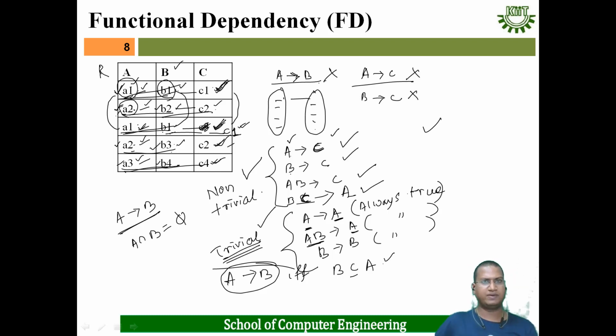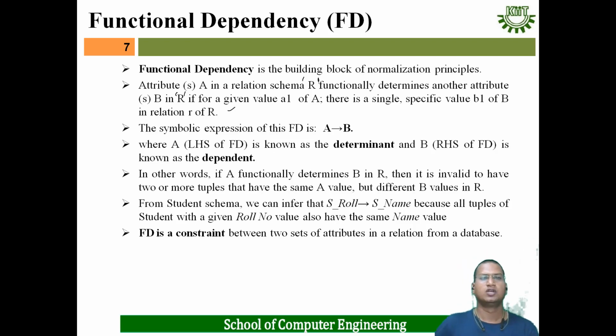Then what is a functional dependency? One attribute of a relation is functionally determining another attribute of the same relation if for each value of the first, the LHS, there exists a unique value in the RHS. Then we can say that A functionally determines B. The symbolic expression of the functional dependency is A determining B, represented with this arrow symbol.